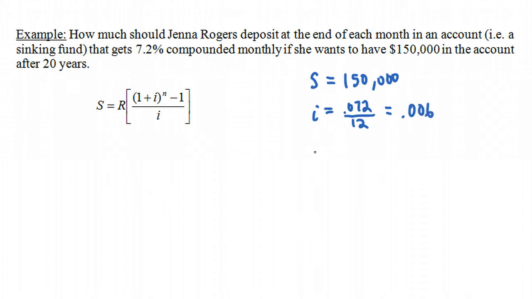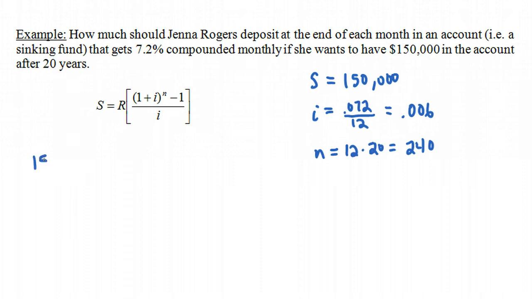And finally, the N: she's putting payments into this account each month for 20 years, so 12 times 20, which is 240. So she's going to make 240 payments into this account. She wants to have $150,000 in the future, and she's getting 7.2% compounded monthly. So the question is, what's the R?